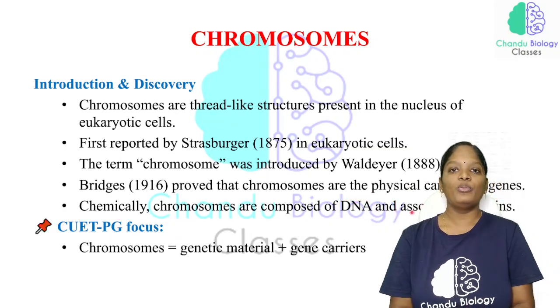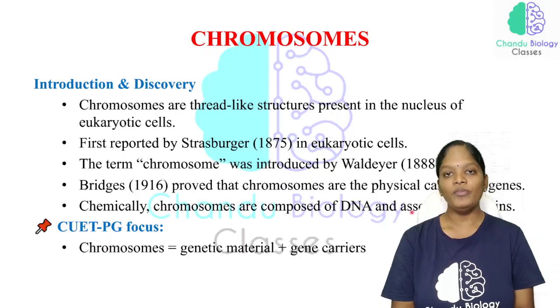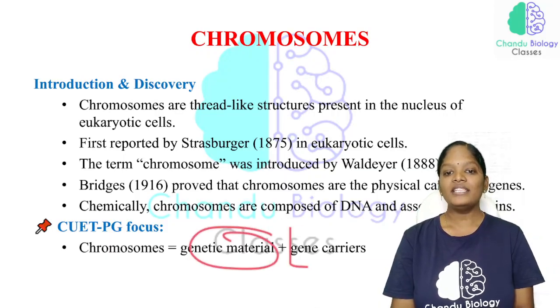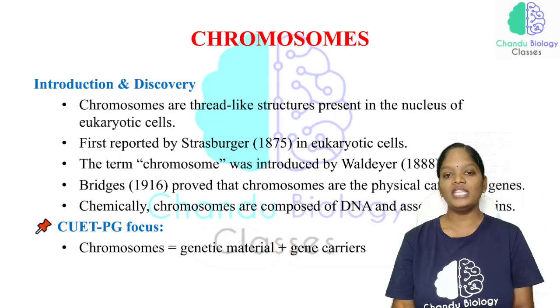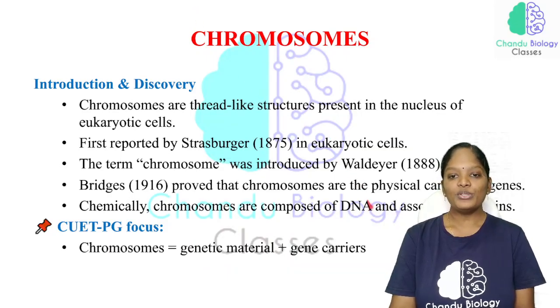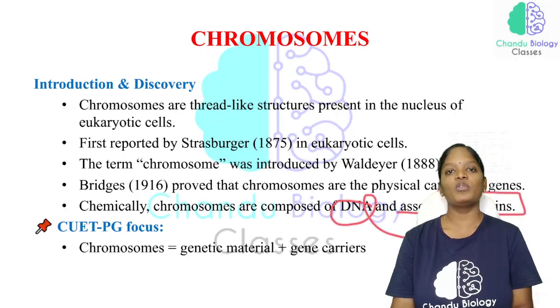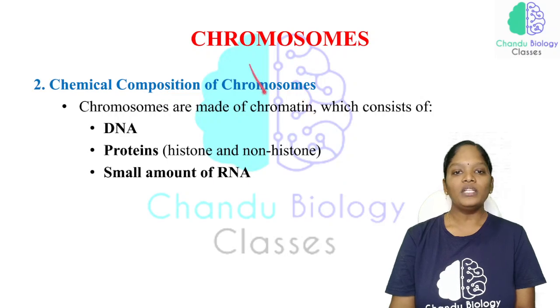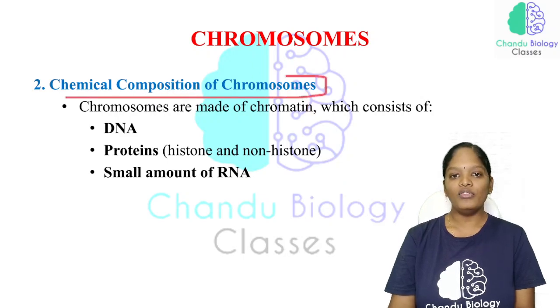If you want to define what a chromosome is, a chromosome contains the genetic material, that is DNA, and the gene carriers; together we call them a chromosome. So chemically, chromosomes are composed of DNA and associated proteins, which are histone proteins. Now, what is the chemical composition of chromosomes?